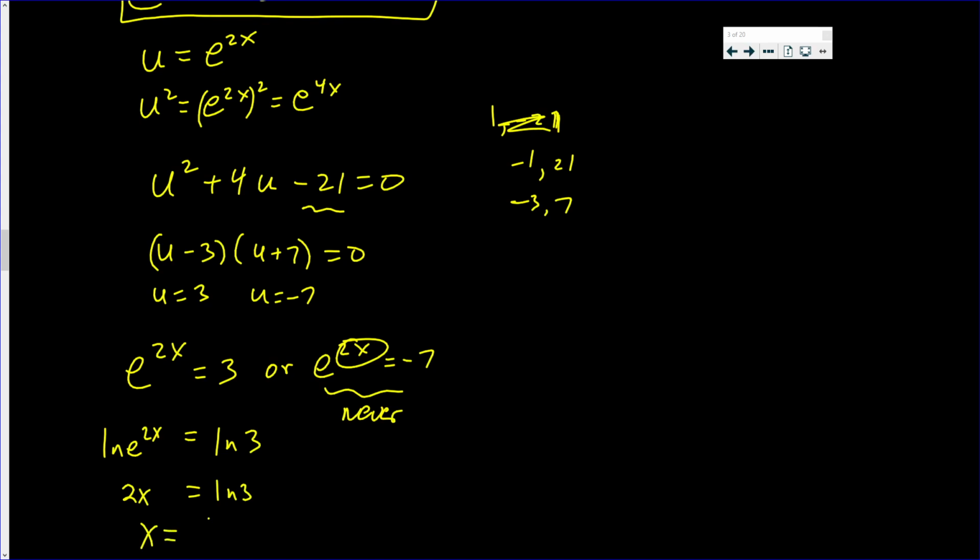Dividing by 2, x is 1/2 ln 3. You can write it as ln 3 over 2, or you can write it as ln square root of 3, or you can keep it this way. These are all fine representations of the same answer.